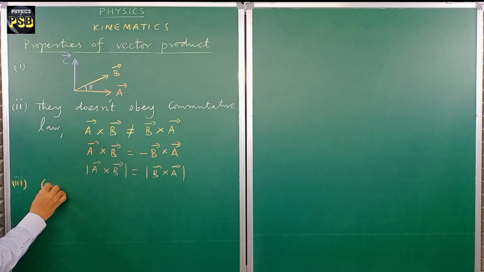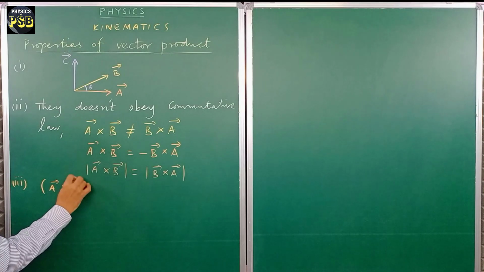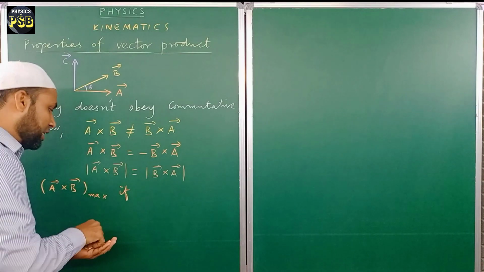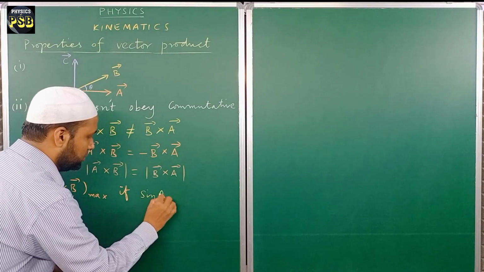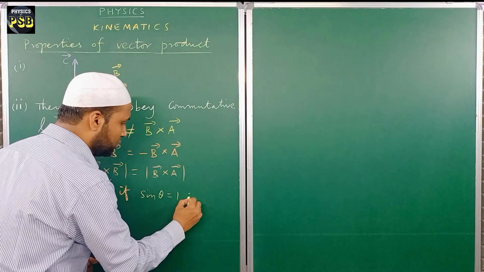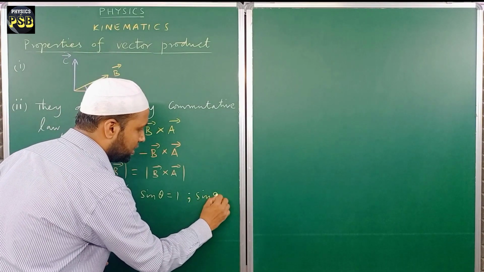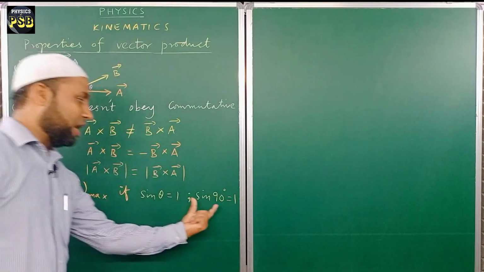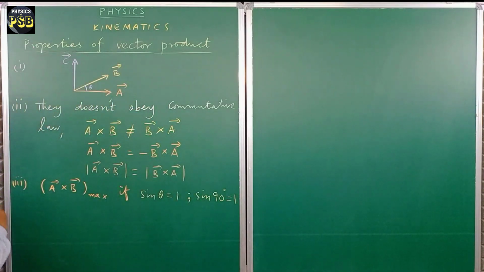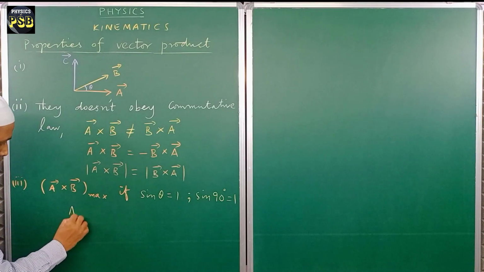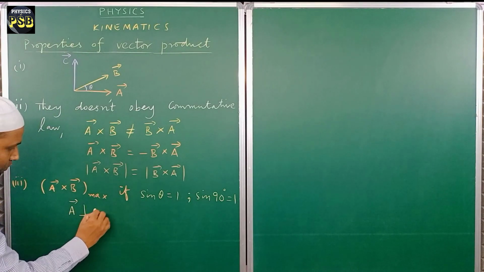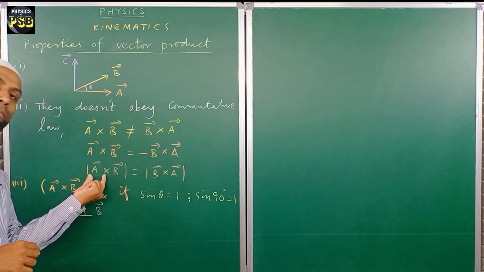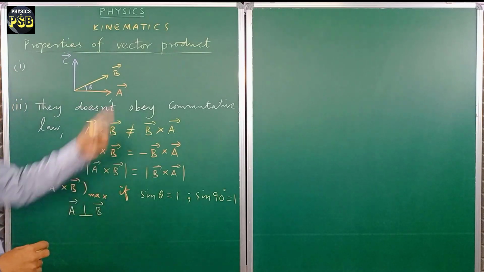Here, vector A cross vector B will have maximum value if sin of theta is equal to 1. When do we have sin of theta equal to 1? If theta is equal to 90 degrees, then its value will be equal to 1. So when vector A acts perpendicular to vector B, we will have the maximum value of a vector product.